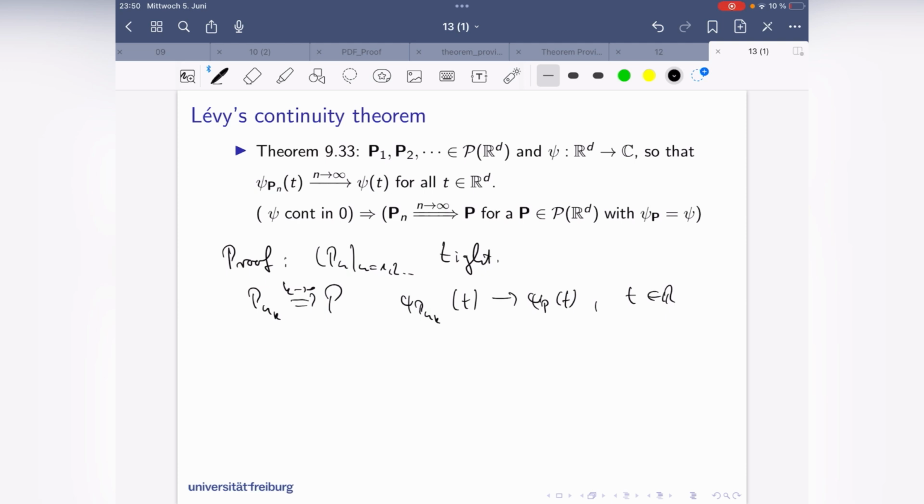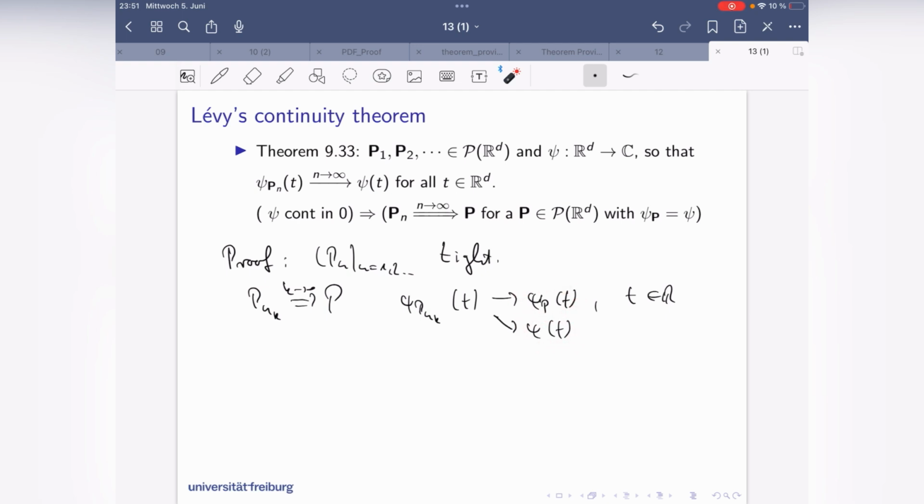On the other hand, it converges also to psi of t by assumption, like here. And that means that these two functions must agree. And we have found a p such that the limiting function is the characteristic function of this p here.